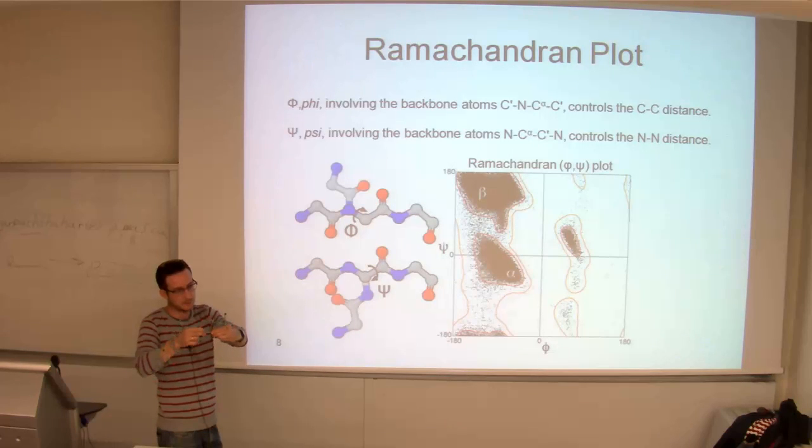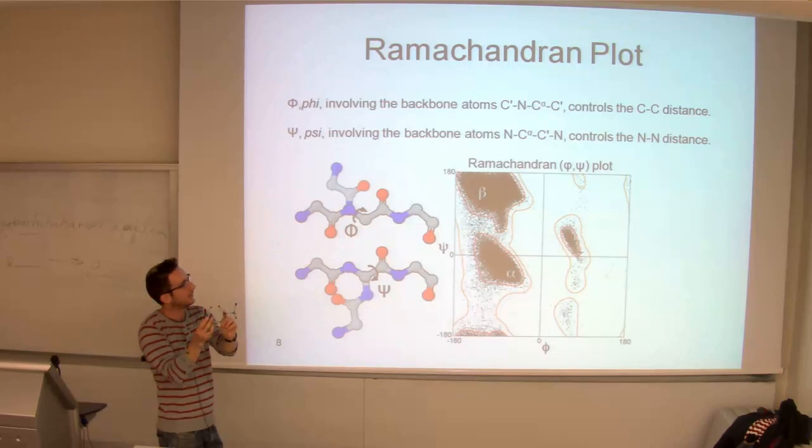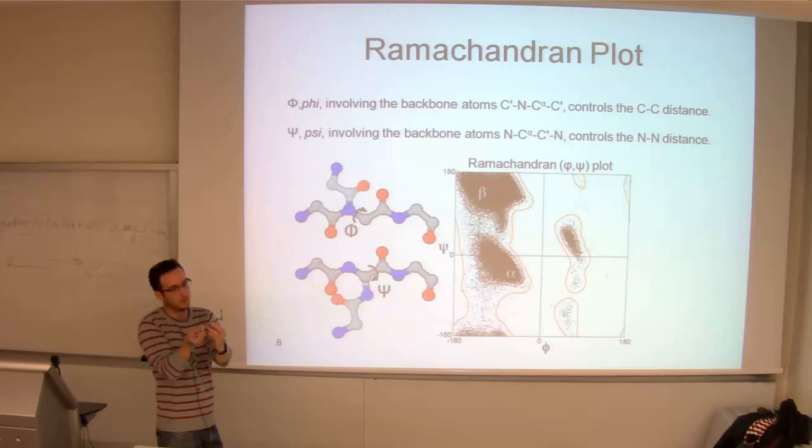If I'll rotate this angle, this will be changing phi. And when I'll change it, you'll see that I actually determine or control the C to C distance. So now they are farther away, and now they are closer together, these 2 C's.